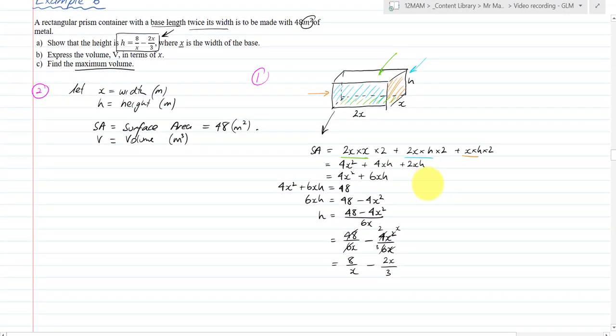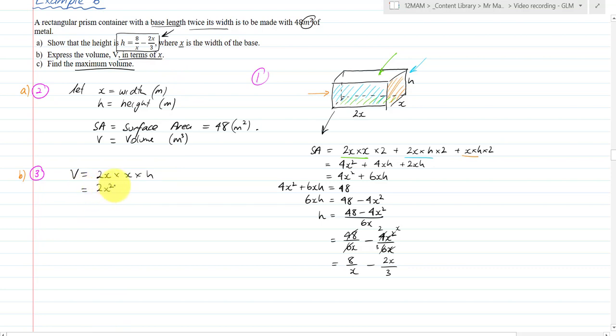Now express the volume, so we're now working on this step 3. Express the volume, which I should actually make a note. This is A, now this is B. The volume is equal to 2x times x times h, but we want the volume in terms of x. So I'll simplify this first.